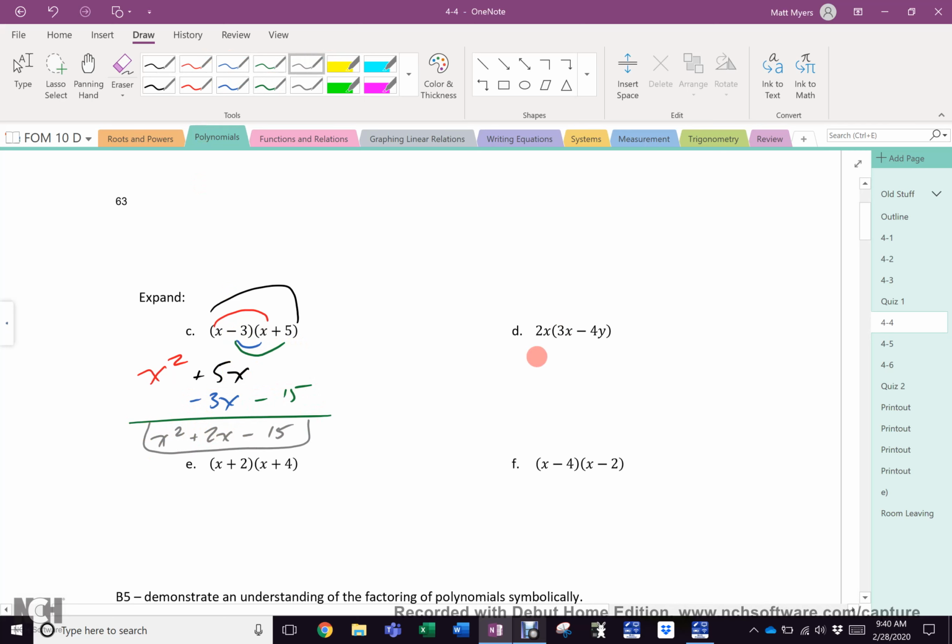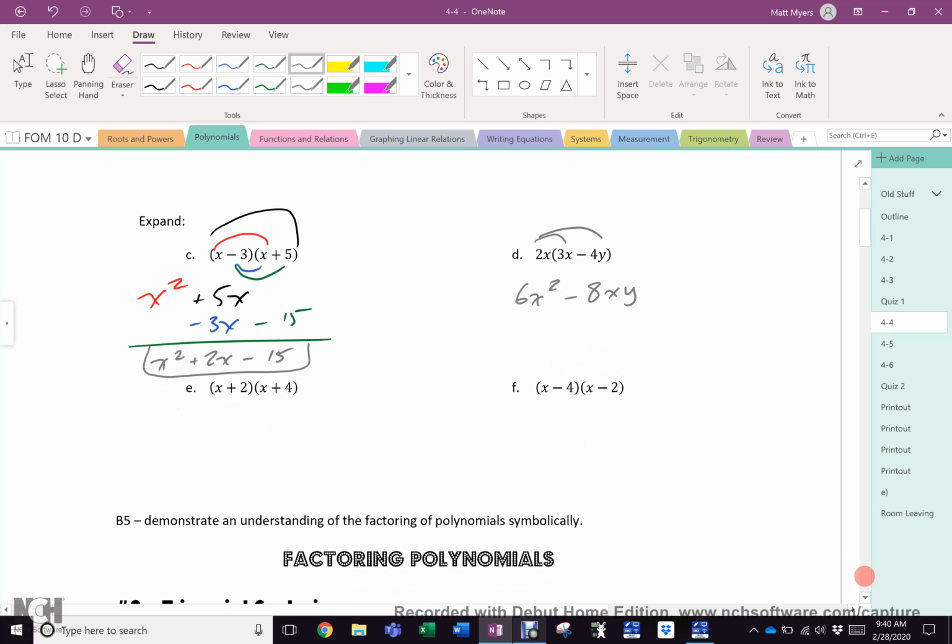This one, 6x squared minus 8xy. This one, again, I could do the shortcut, but I'm not gonna. X squared plus 4x plus 2x plus 8 all equals x squared plus 6x plus 8.